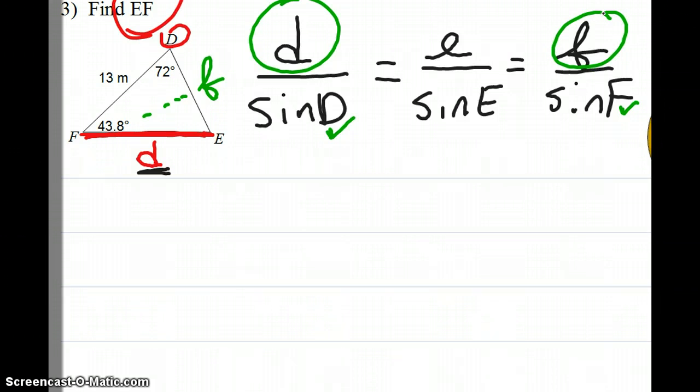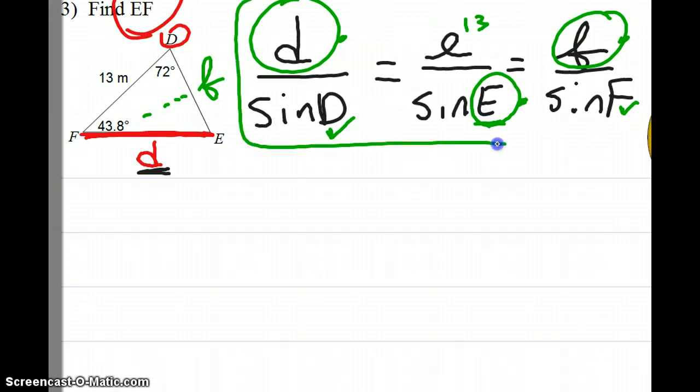E we know is 13, but we don't know anything about angle E either. So the way this looks is that we have 3 unknowns and 3 knowns. You want to set this up so that we have 3 knowns and only 1 unknown.